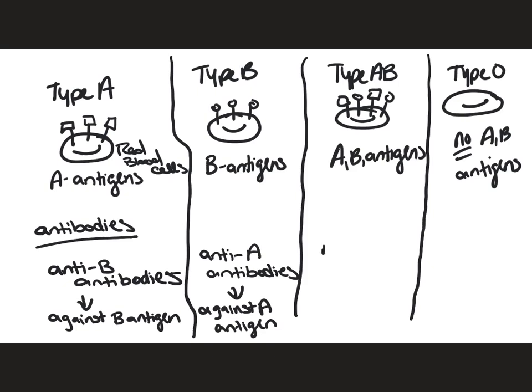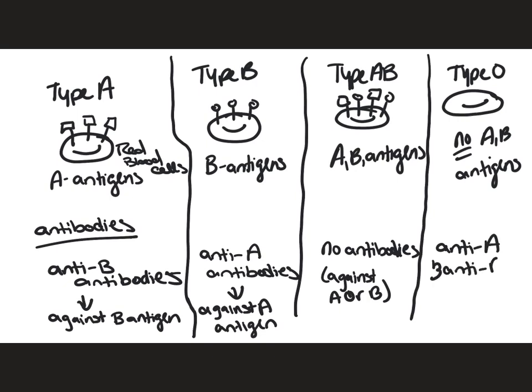So this one actually has no antibodies against A or B, okay? And that's because both of the antigens are already present. So because they're already present on the red blood cells, they're already part of that person's body, and so the immune system recognizes them as completely normal, and they don't have a reaction against it, so they don't have any antibodies. But a type O person has both anti-A and anti-B antibodies. Okay, so against A and against B.